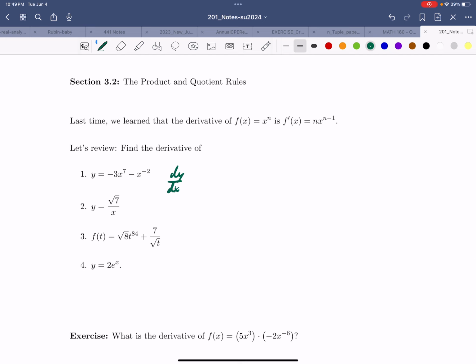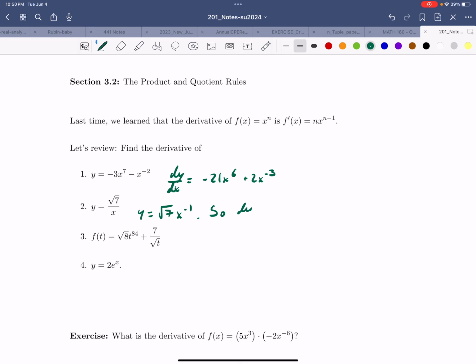Remember our notation for the derivative of y is dy over dx. I'm writing it as negative 21 x to the 6th plus 2x to the negative 3. Here, dy over dx is going to equal, well, actually, I'm not quite sure what that is off the bat, but we do know that y equals root 7 times x to the negative 1.